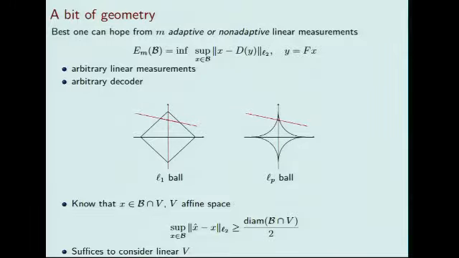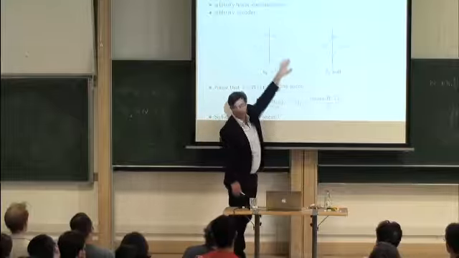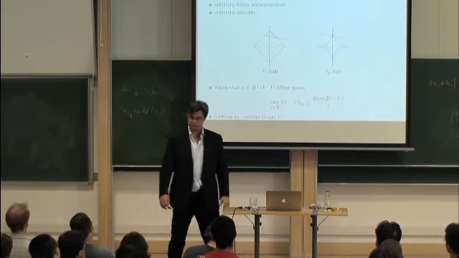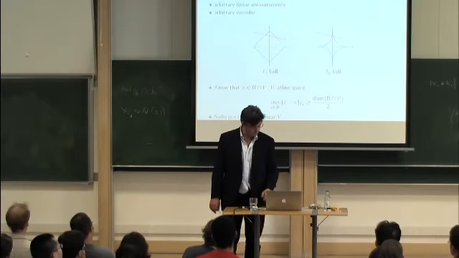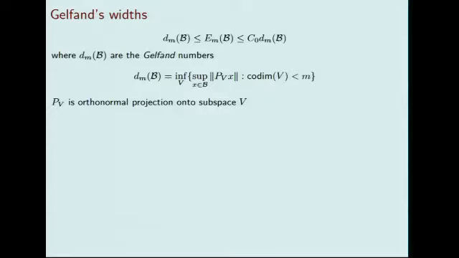From geometric consideration, the situation is going to be worse for you if this affine space actually goes through the origin, so that it's a linear space, because that's where the radius is largest. So it suffices to consider linear V. V means this line that goes through the origin.